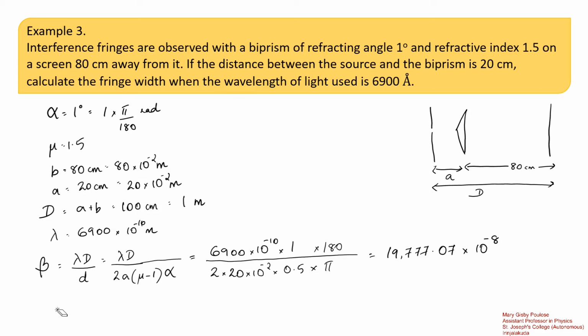We can rewrite it as beta is equal to 0.197 into 10 raised to minus 3 meters. I have taken 10 raised to minus 5 into this term and written the 10 raised to minus 3 remaining term here, and this is millimeters, so beta becomes 0.197 millimeters.